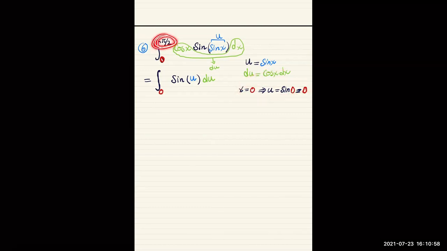Transform pi over 2. So we say here if x is equal to pi over 2, then u is equal to sine of pi over 2. And that's equal to 1. So an x of pi over 2 becomes a u of 1.